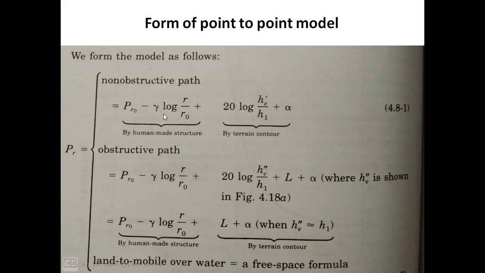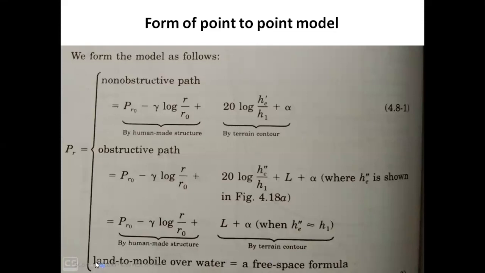That is PR naught minus gamma log R by R naught plus 20 log HT dash by H1 plus alpha. And in the obstructive path, that is, if you have some reflections, then this is the formula for the received power: PR naught minus gamma log R by R naught plus L plus alpha. And the third case is land to mobile over water, which is equal to the free space formula.